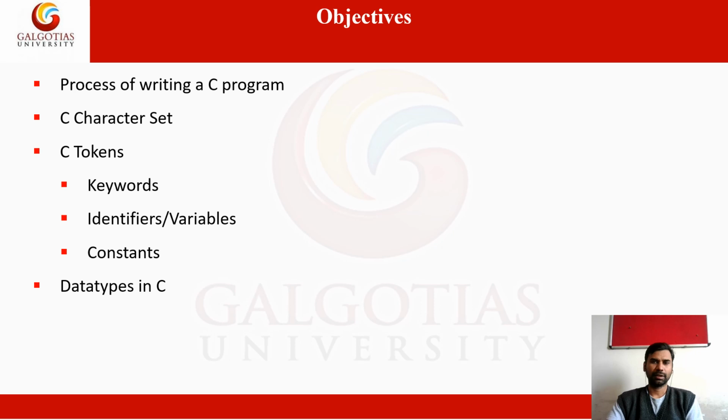So these we already discussed: the process of writing a program and the character set. The keywords, identifiers, variables, and constants are also called C tokens. What are C tokens?